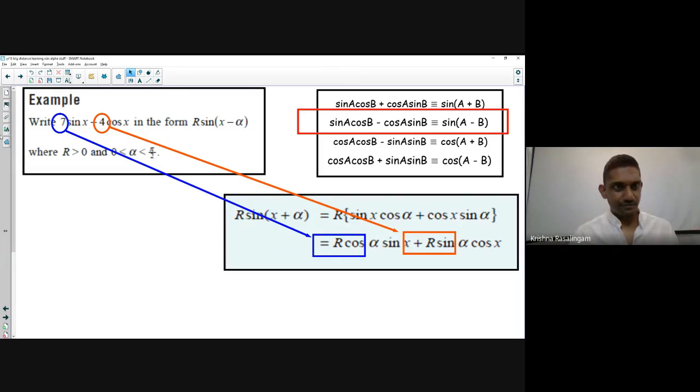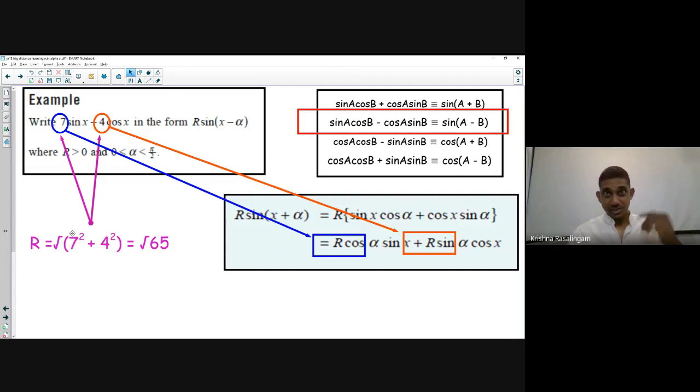You don't need to worry about them. And R is simply the square root of those squared. So job done. So we've got the square root of 7 squared plus 4 squared, which is root 65. That will always be the case. We always do that to find R.